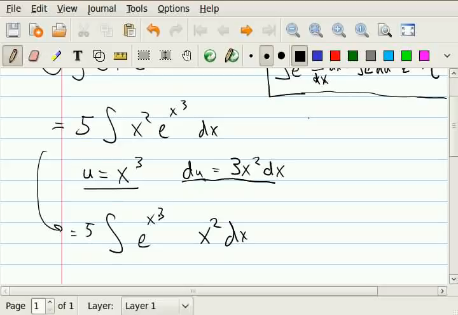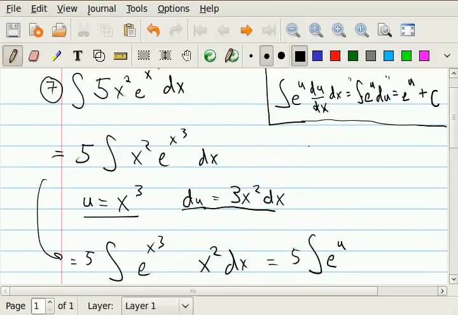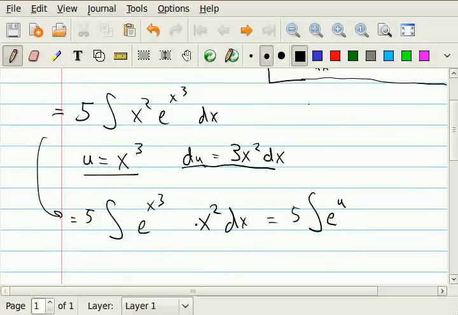Well, we can certainly replace that x cubed with u. So we could write this as 5 times the integral of e to the power u. But if you look at the formula, we need to be integrating e to the power u du. And this is what we have left, x squared dx. But du turned out to be 3x squared dx. Not a problem.